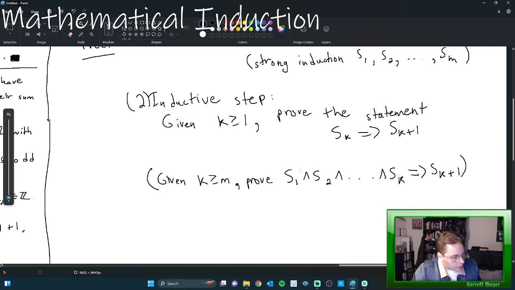Right? I think I'm doing that notation right. Yeah, that's essentially right. Okay. So given these, this is strong induction.